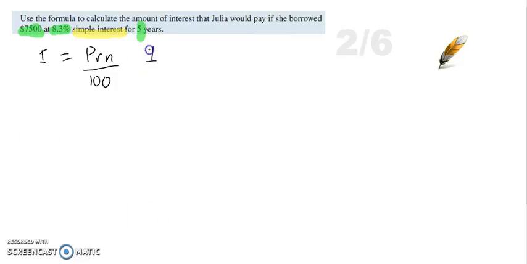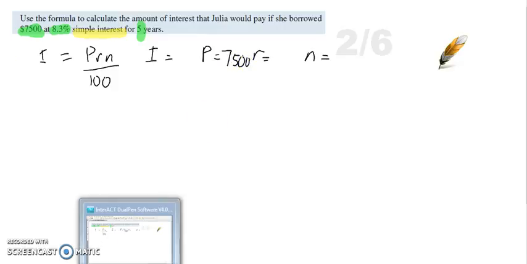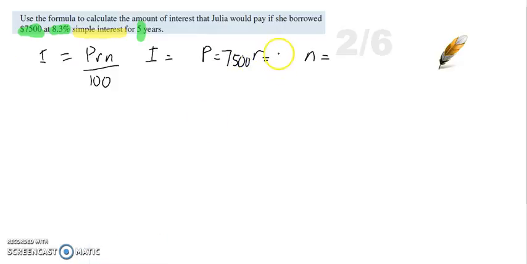We've got I, we've got P, we've got R, and we've got N. And we can go and fill in what information we know. So in this case, Julia would pay if she borrowed $7,500. So she started with $7,500. 8.3% is your interest rate. And she borrowed it for 5 years.